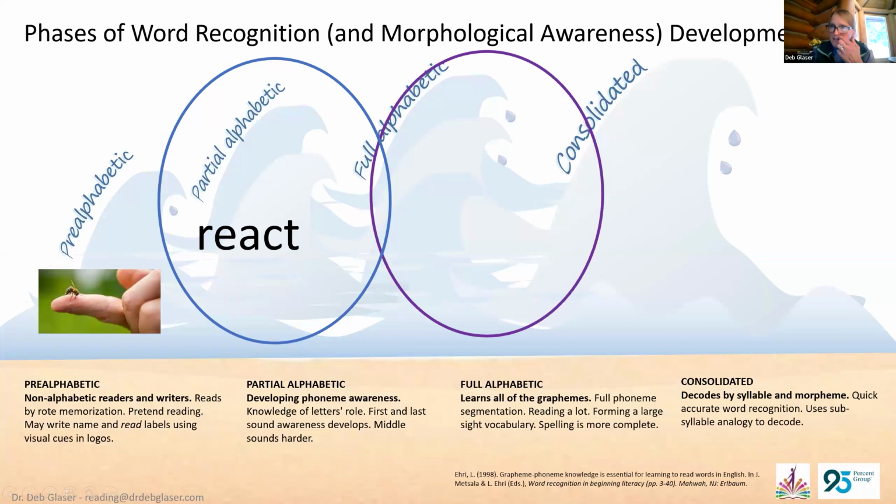In the full alphabetic phase, at the beginning of this phase, as children are learning all of the vowel spellings, all those vowel teams, they might see this word and try to put that EA together as a vowel team. And they might say reeked, saying each of the sounds, because that word act is not yet in their orthographic memory.